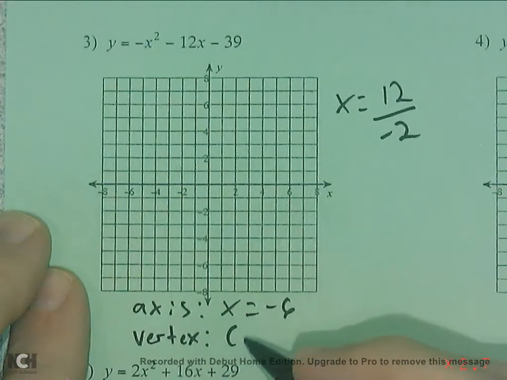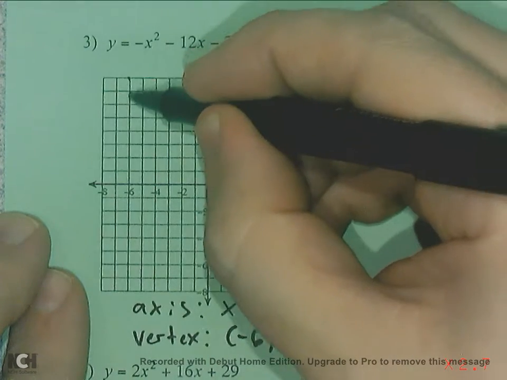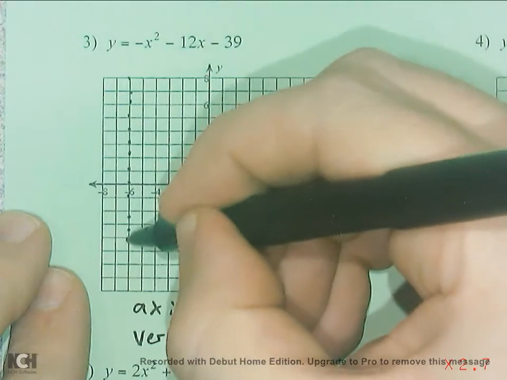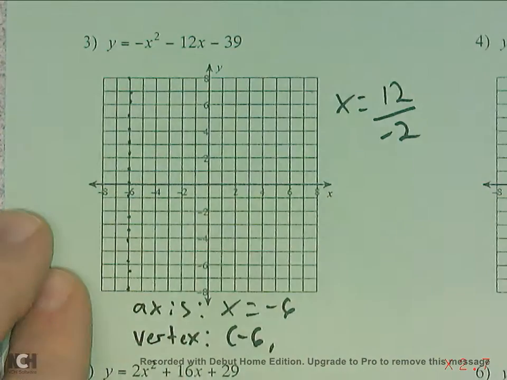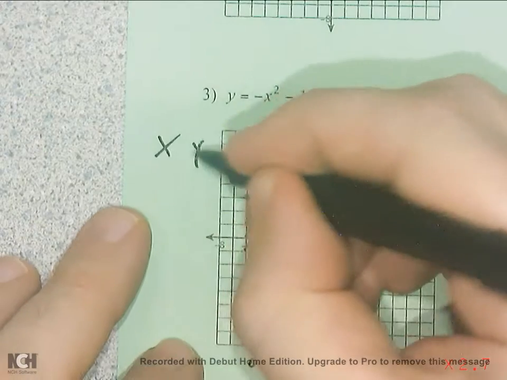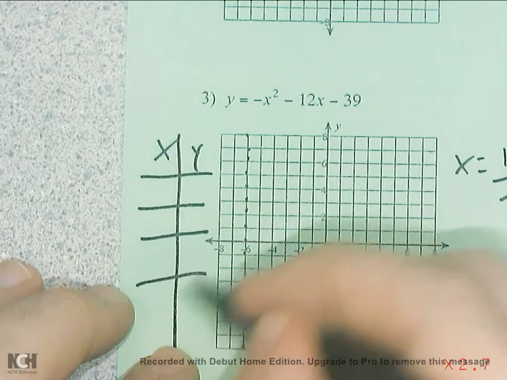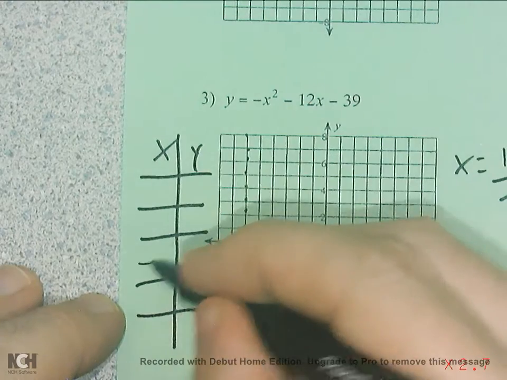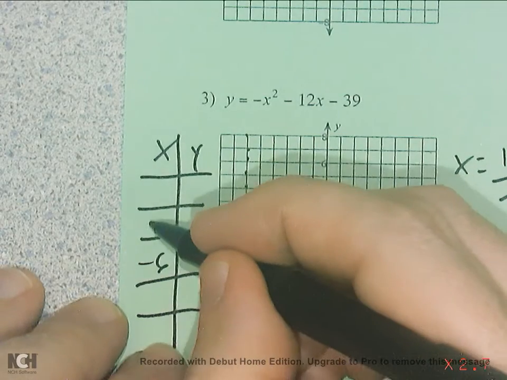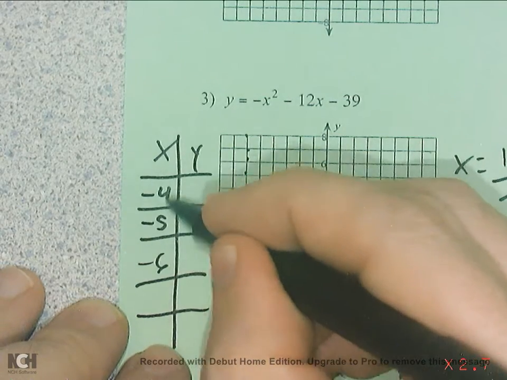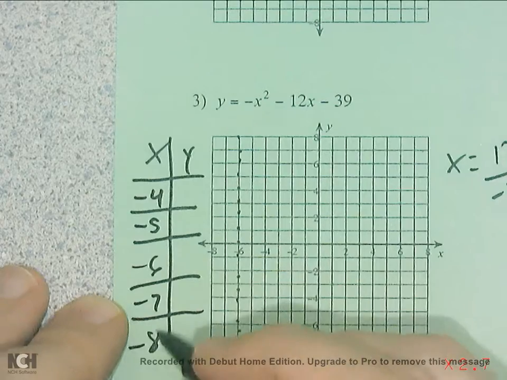So that tells me that the x coordinate is going to be negative 6, because my line of symmetry is right here at negative 6. Okay, and then I plug them into my table here, and I'm going to have 5 values: negative 6, and then the two numbers before it, negative 5 and negative 4, and negative 7 and negative 8.